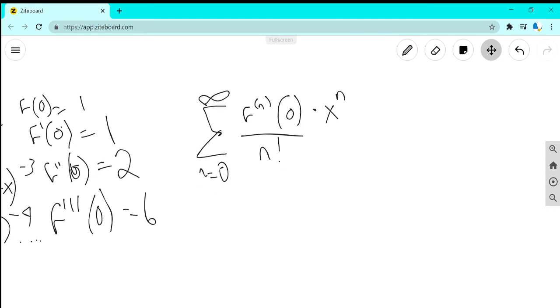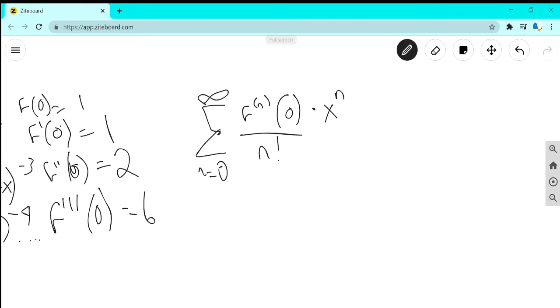So let's start with the first one. n is equal to 0. So the bottom, 0 factorial, remember, is 1, not 0. And then f of n is f of 0, which is 1. This is the 0th derivative, then the first, then the second, then the third. It's almost like tallies. So that's equal to 1 times x to the 0. So that's just 1. So we know our first term is 1.